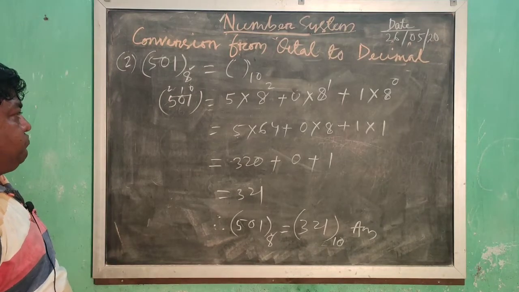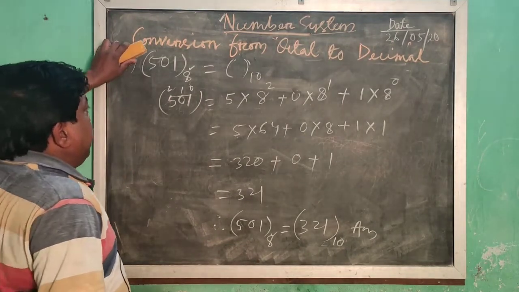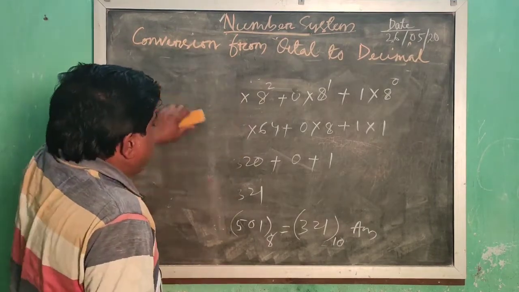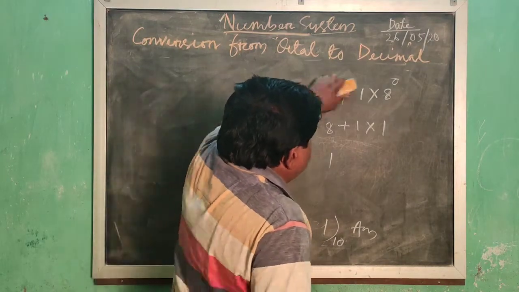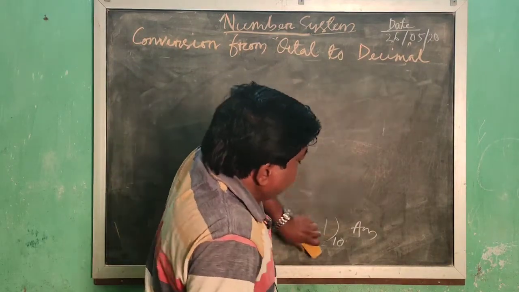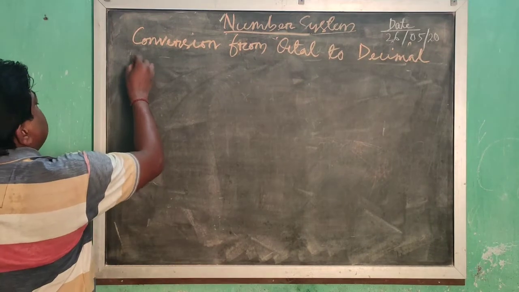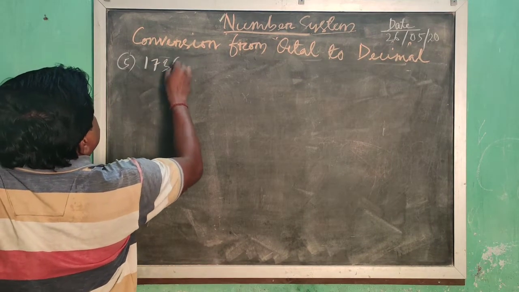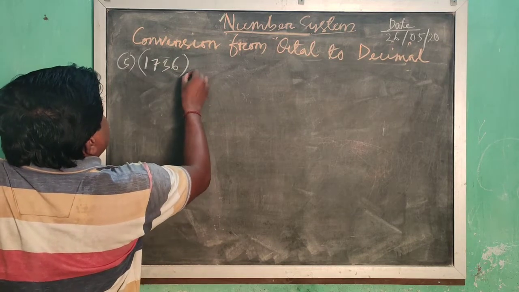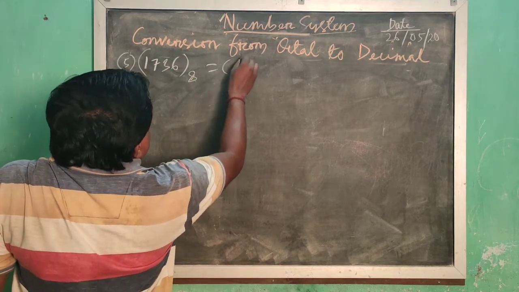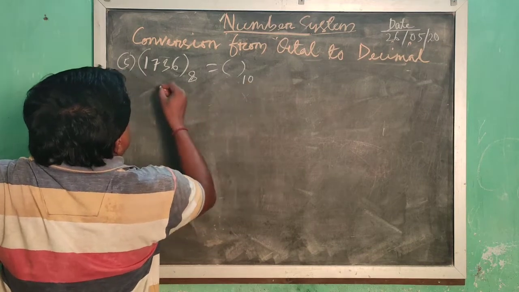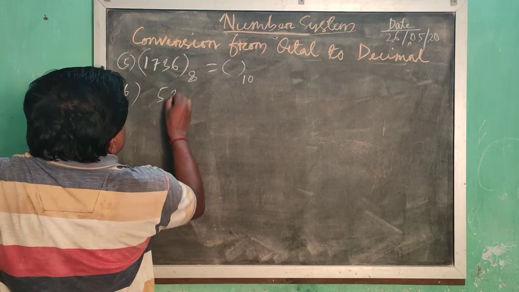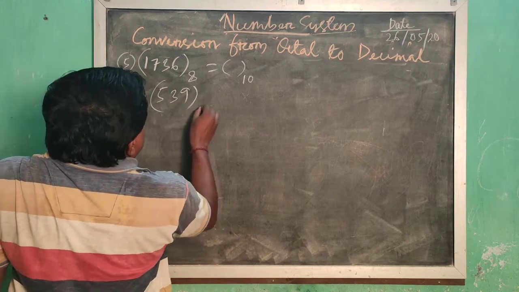Okay, then you solve some homework. One, 736 base is 8. You have to convert it in decimal. 539 base will be 8.